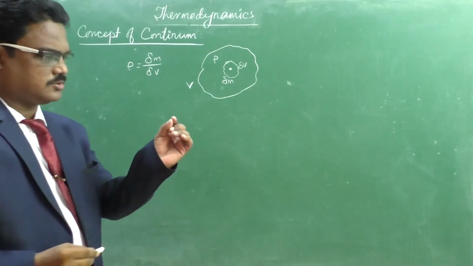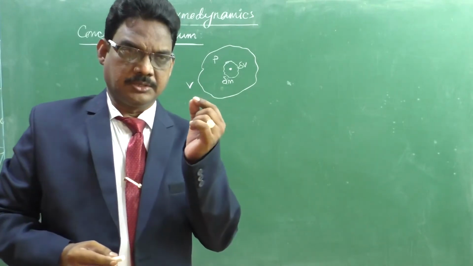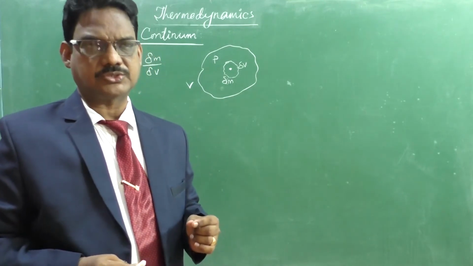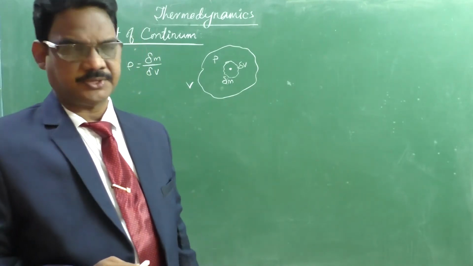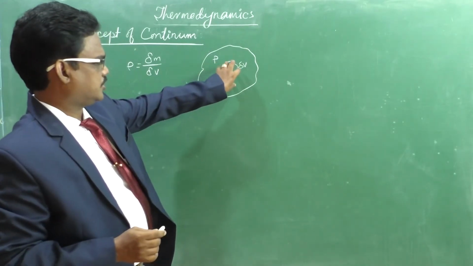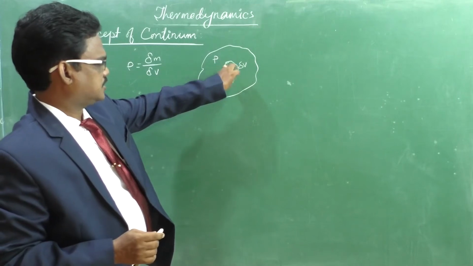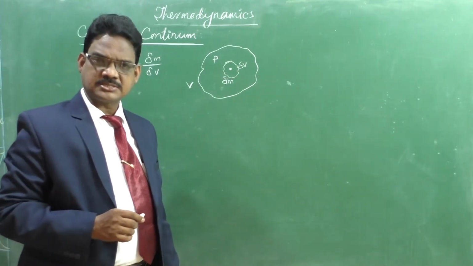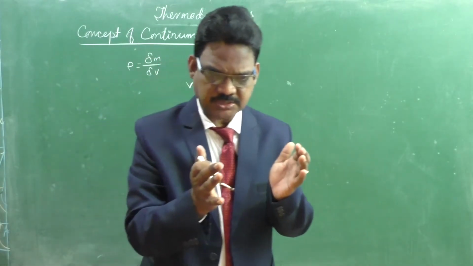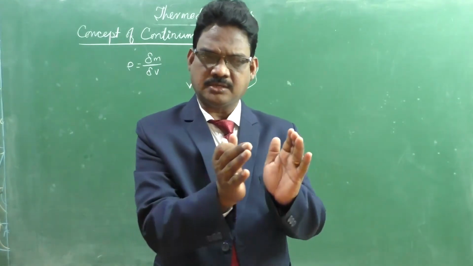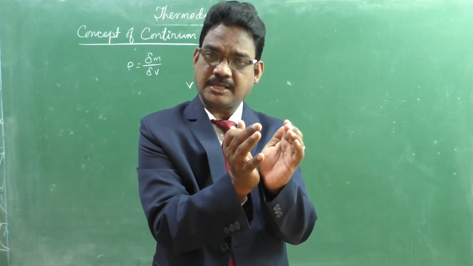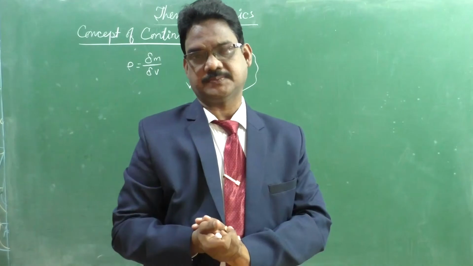By considering a small volume and a small mass of molecules, we obtain that density. Right. Now this volume shrinks towards point P. In such cases, the molecules present inside the volume may come closer, and the density delta M by delta V may increase.